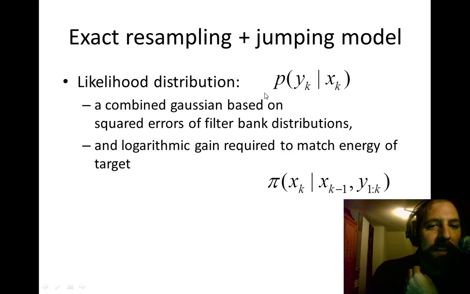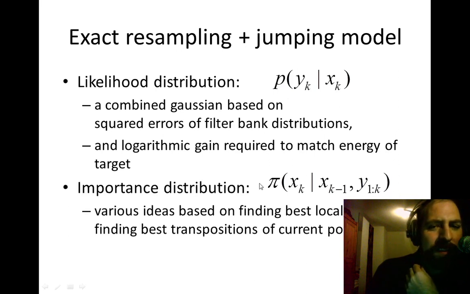And then the likelihood distribution is pretty simple. It's just based on a sum of squared distance of these filter bank distributions with the prediction. And the importance distribution, of course, is where you have various strategies to try to sample more efficiently.